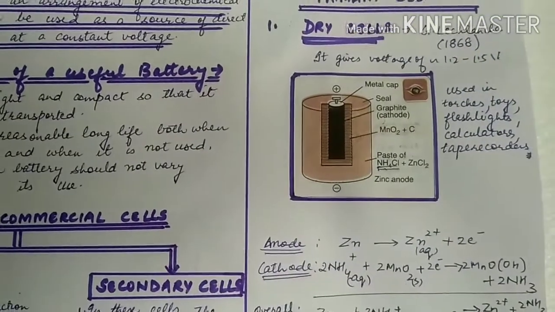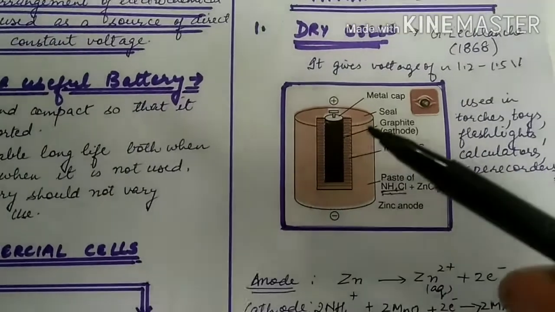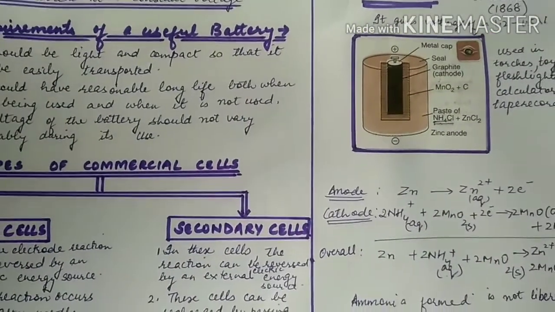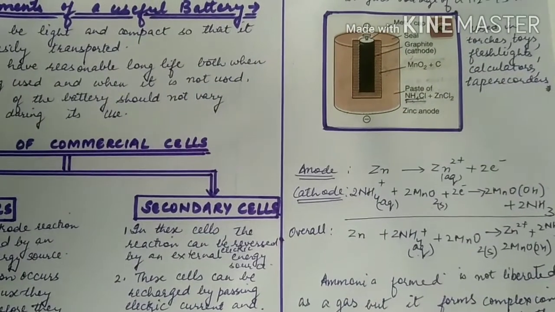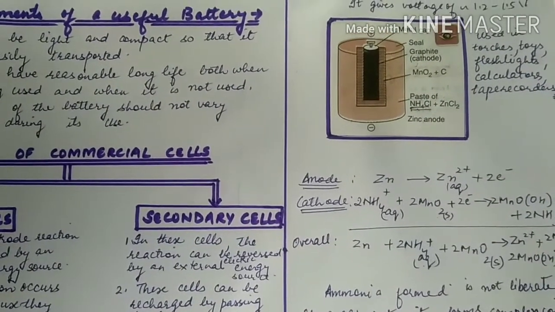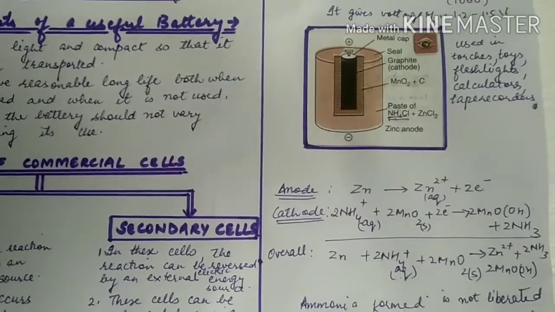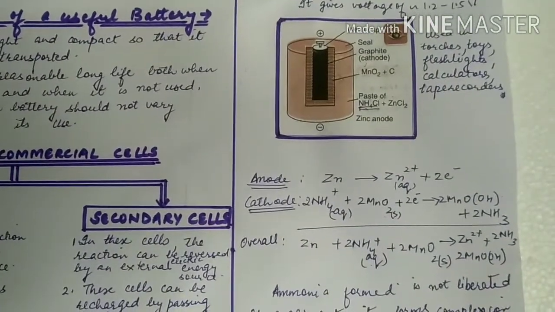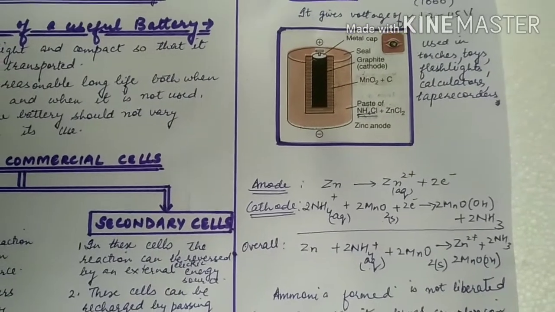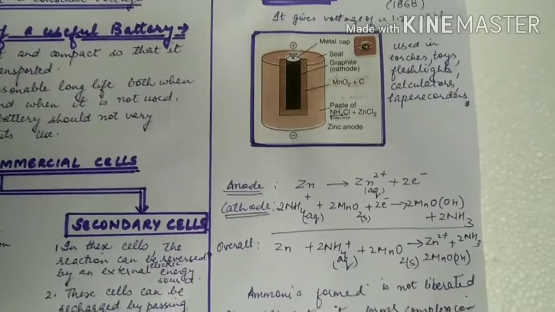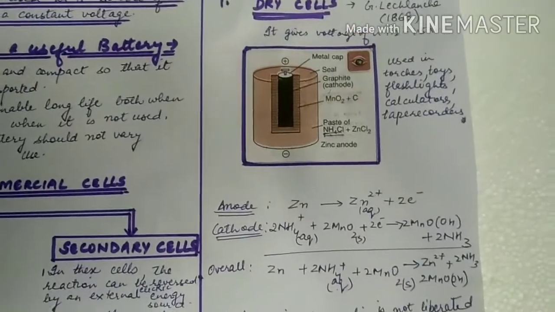The zinc case has an outer insulation of cardboard, so that even if during its use the zinc case gets consumed and develops holes, leakage may not occur. The leak-proof cells or dry cells have an iron or steel sheet covering the zinc.